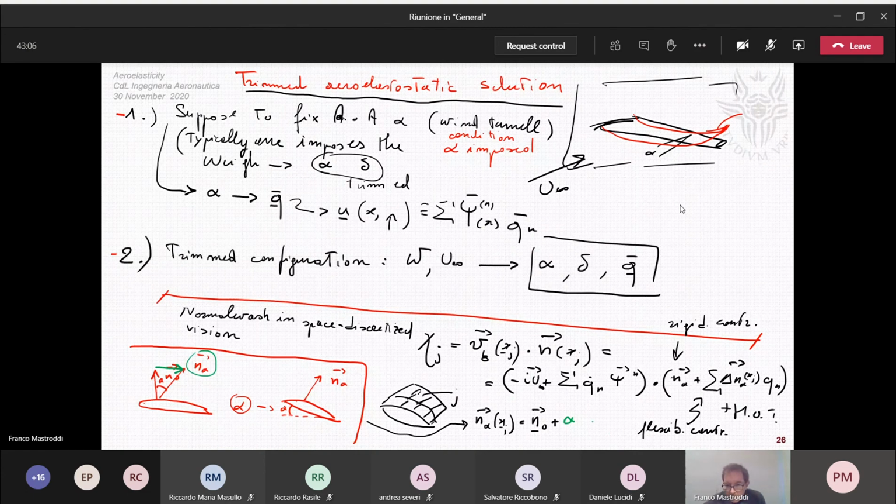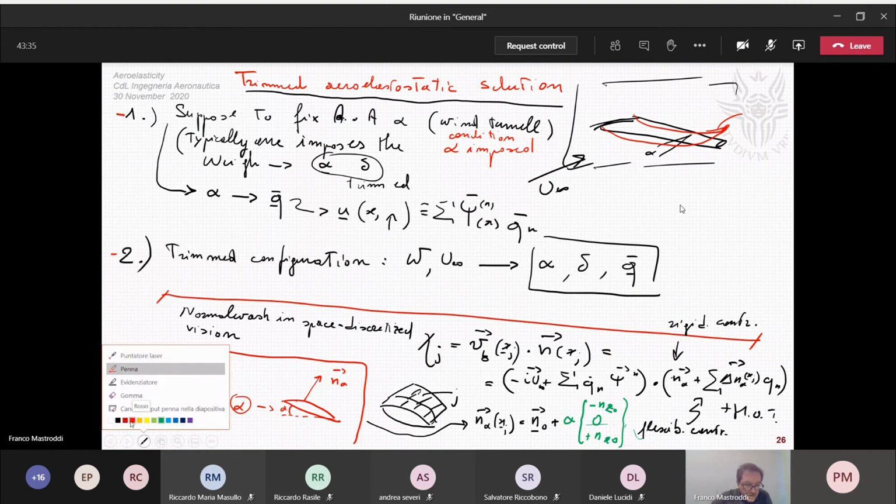So we could express this vector like minus n x0, n zeta0, plus n x0. In fact, the idea is the following. You have a frame of reference here, which is our typical frame of reference. We have the x-axis and the z-axis in the body frame of reference, which is the computational frame of reference.